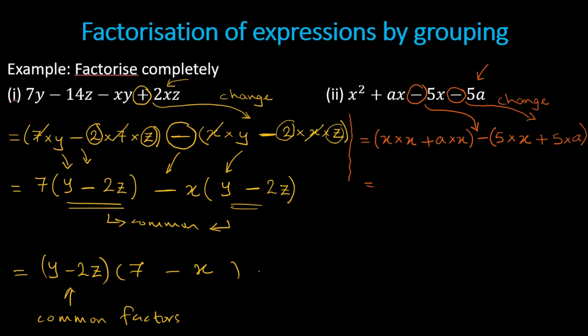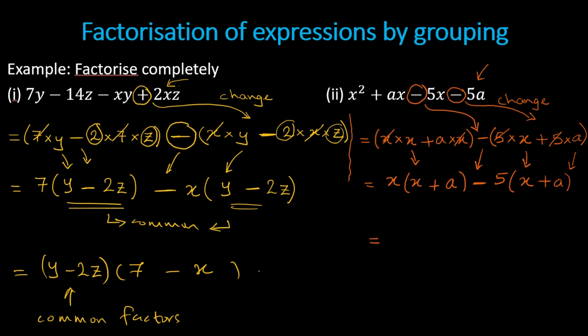So we continue. Now we take out the common factor, which is x. We are left with x plus a in the first pair of brackets, minus, insert your minus. We take out the common factor again for the second pair of brackets, which is 5. So we are left with x plus a again.